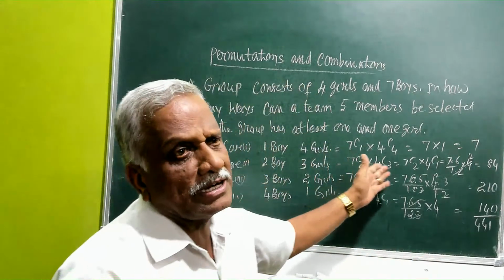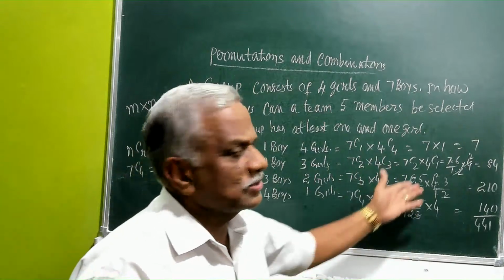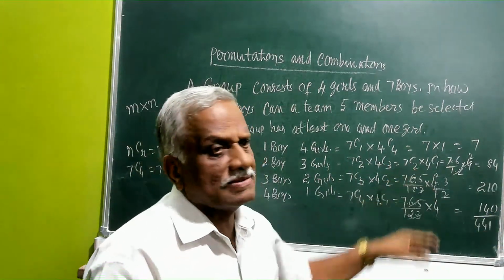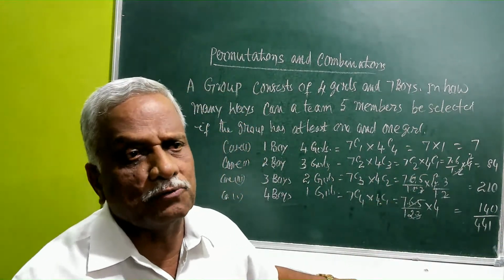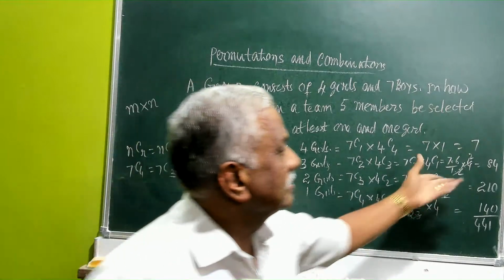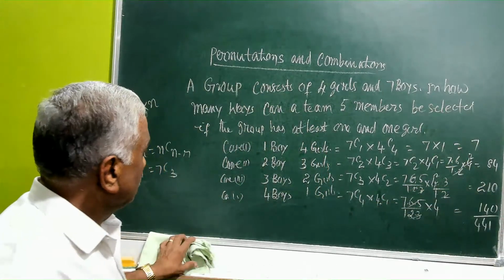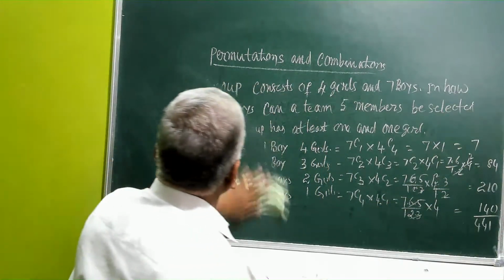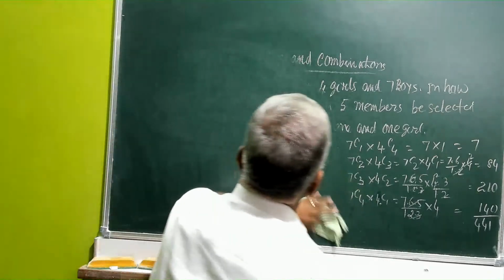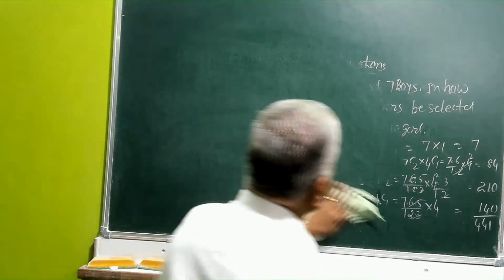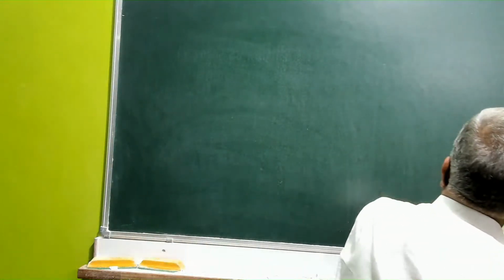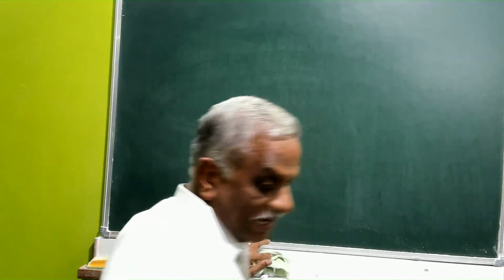And you should be very good at multiplication. 7 into 6 by 1 into 2, 21. You can multiply by 4, 84 you get. So you have to be very quick in multiplication. Otherwise, it requires more time. So it depends on how good you are in calculation.